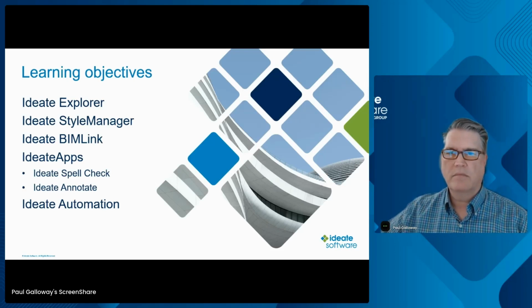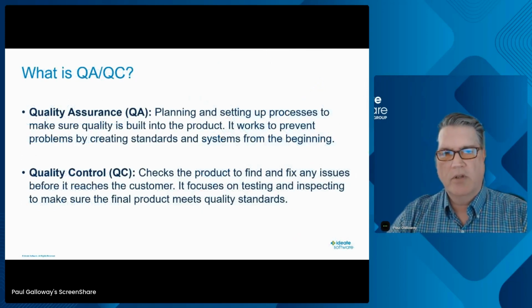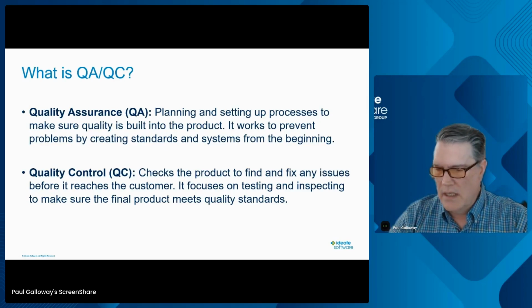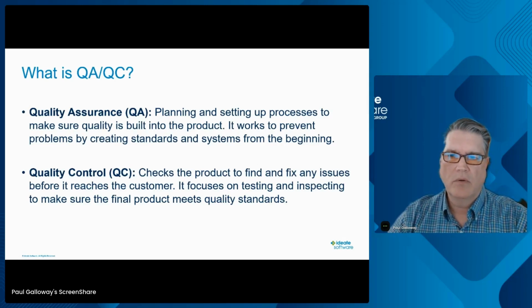Just to make sure we're all on the same page, let's look at what QA and QC are. Quality assurance is what we do to set up our standards, putting things in place to give us our best chance of success and having things nice and consistent and standard.